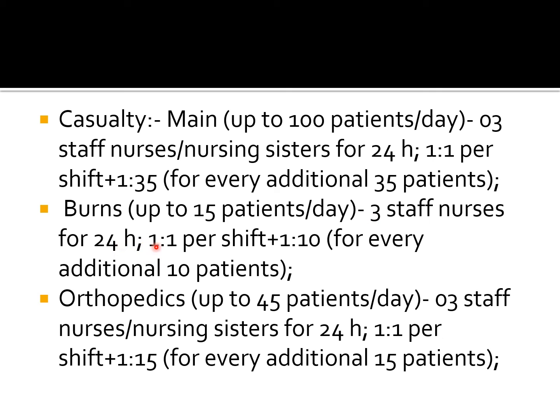Then 1:1 staff nurse patient per shift and 1:10 for every additional 10 patients. In orthopedics, where there are 45 patients per day, 3 nursing sisters for 24 hours, staff nurse patient 1:1 per shift and 1 for every additional 15 patients.